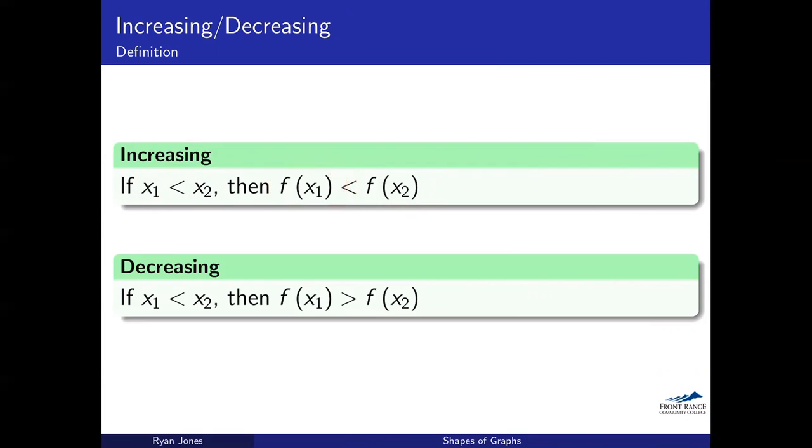Really what we're seeing there, let's say we have a function f of x right there. If I have an x1 and an x2, then on this function here, you can see that if x1 is greater than x2, or excuse me, I misspoke.